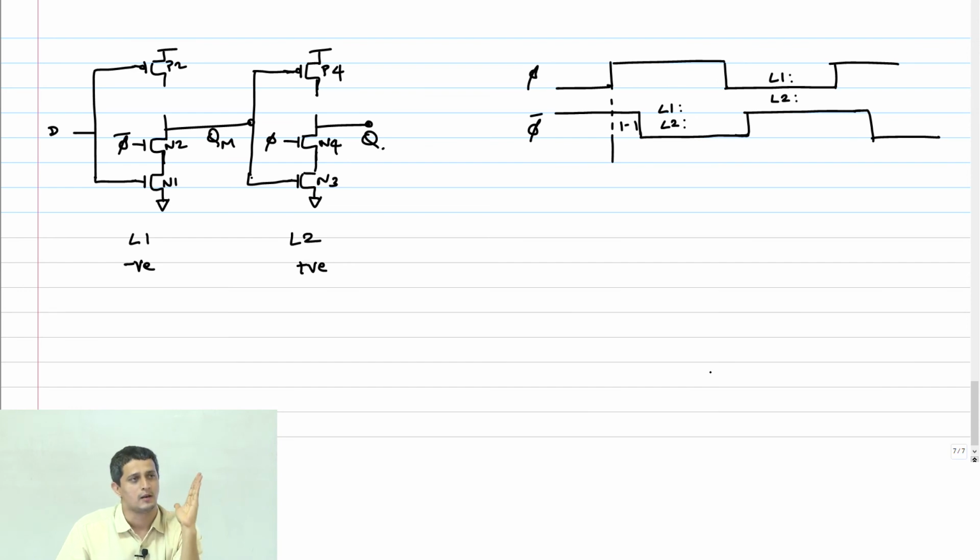After the overlap is done, it's a positive latch. It's a positive edge triggered flop. Therefore, L1 has to be in opaque mode, and this will be in transparent mode. And this will be in transparent, this will be in opaque. Right? So now, again tell me, should I analyze the case where D goes from 1 to 0 after the overlap, after the clock falls, or the other way?